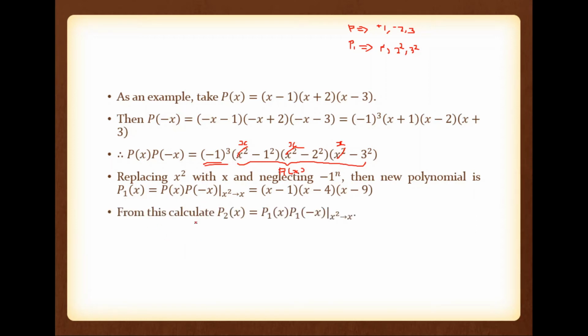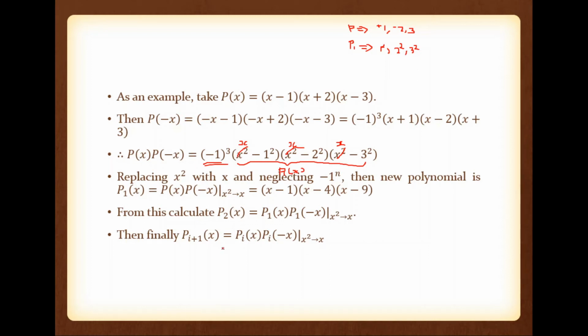From P2 we can find P3, and so on. Finally, we have P(i+1) of x equal to Pi of x into Pi of minus x, where x square is replaced with x.